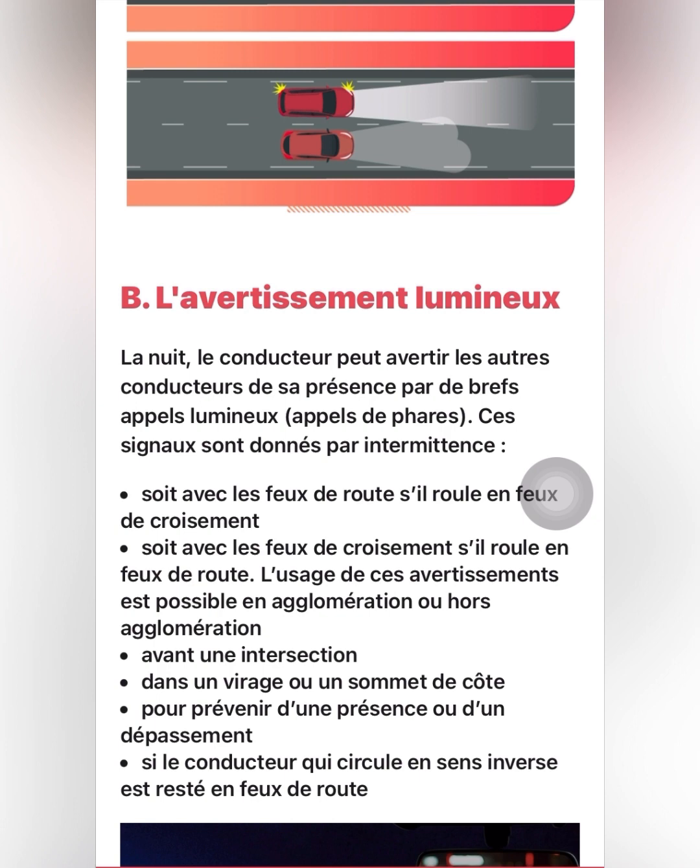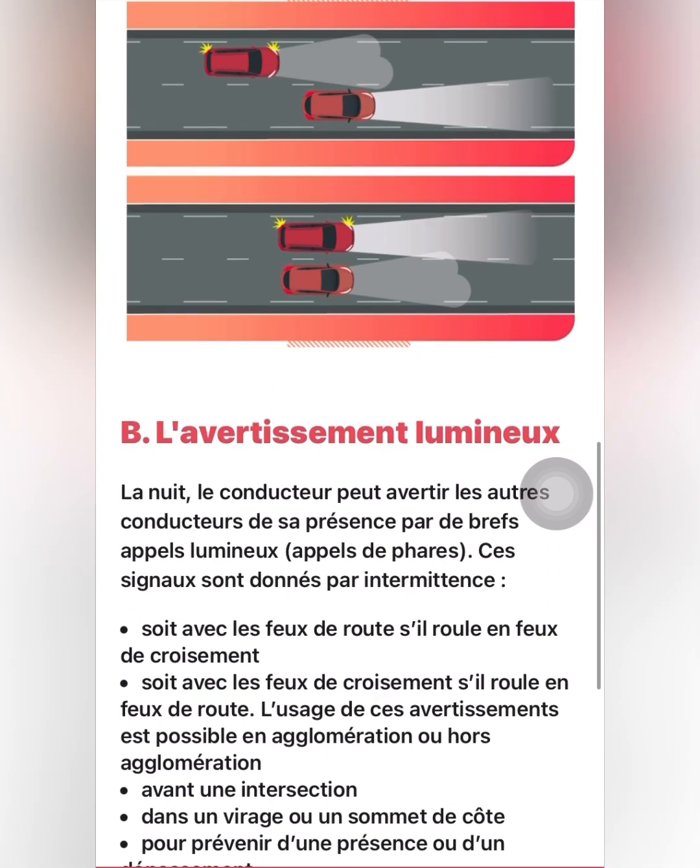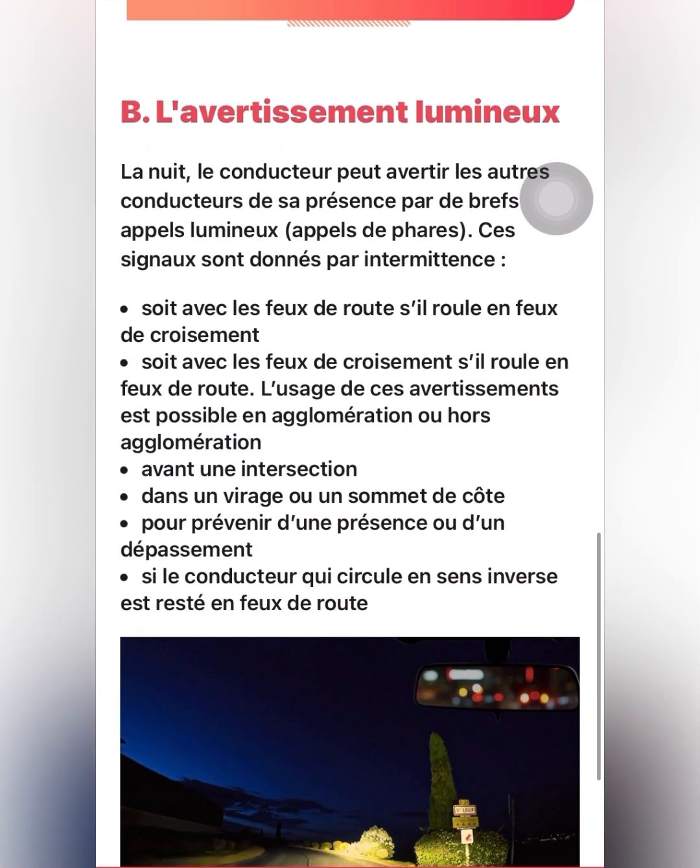Either with full light if it runs in a low light, or with a dipped light if it runs in a high light. If the driver is supposed to run with this and is now using this, you have to use your flashing light to indicate to him so he can quickly know. Or if he's supposed to use this and he's using this, you have to quickly do your own flashing light, you driver that noticed that, so that they can change.